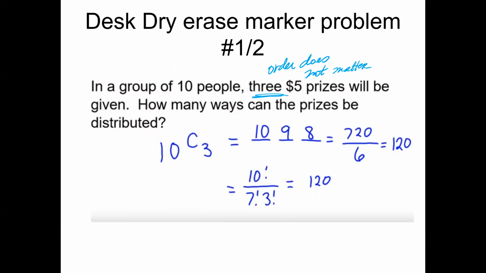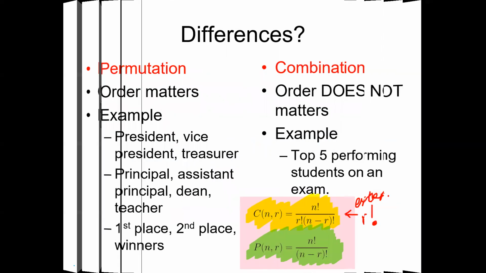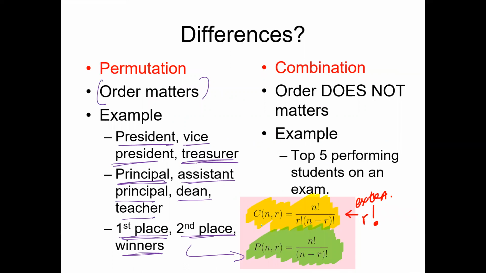So if the order doesn't matter, it is definitely going to be a combination. And if you look at the formula for the combination, it is going to be nCr equals n factorial over r factorial times (n minus r) factorial.